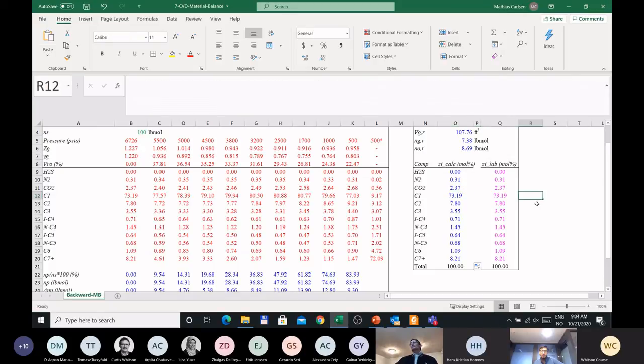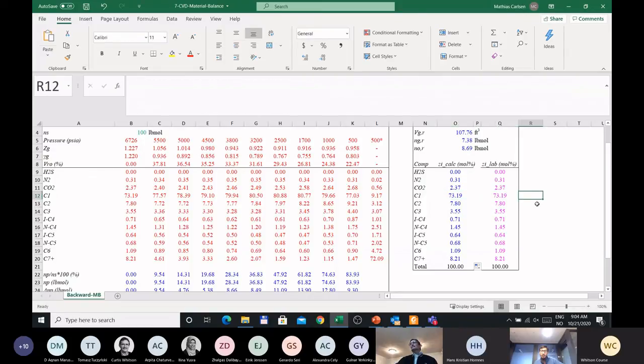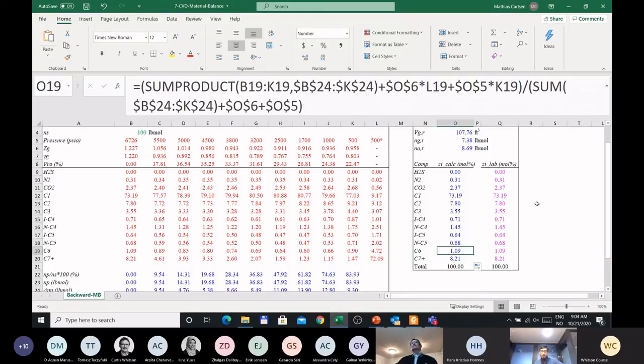for example, in methane, because methane is generally the component with the largest amount. So either methane or C7 plus or C6 plus is usually the very important component, because that translates into your CGR, and there we should not have a difference of more than 0.5 mole%.